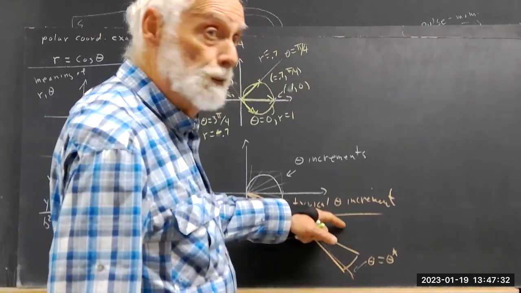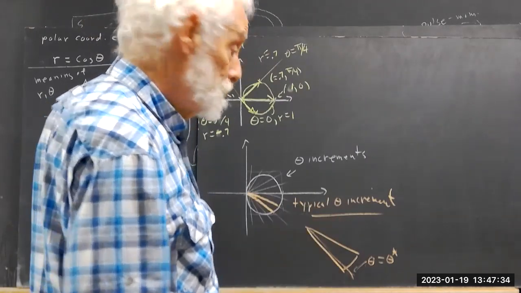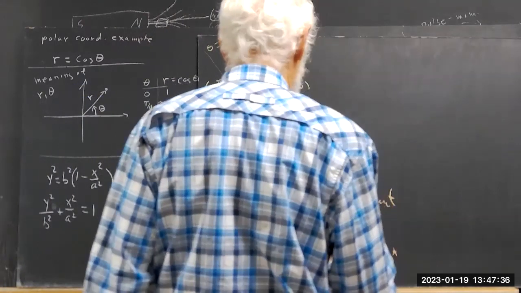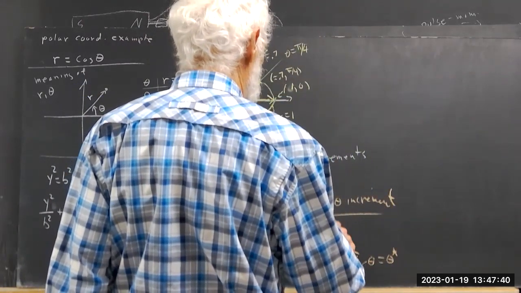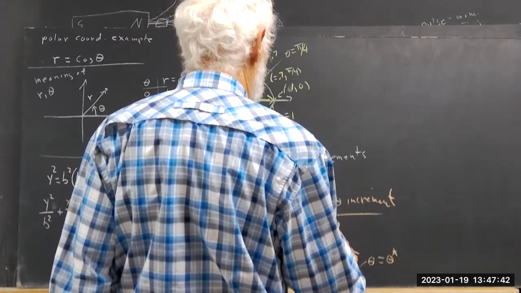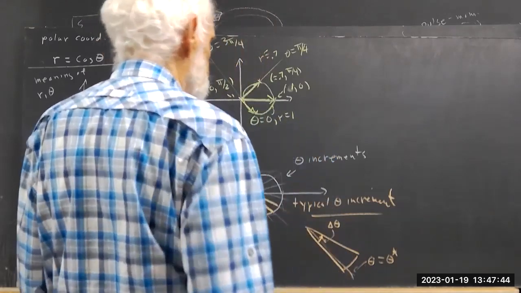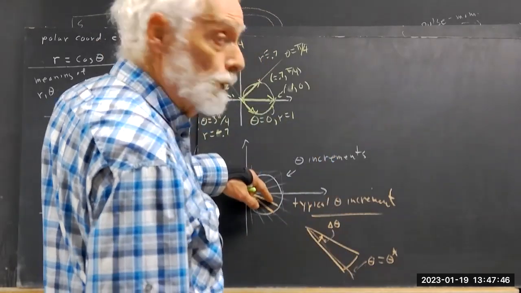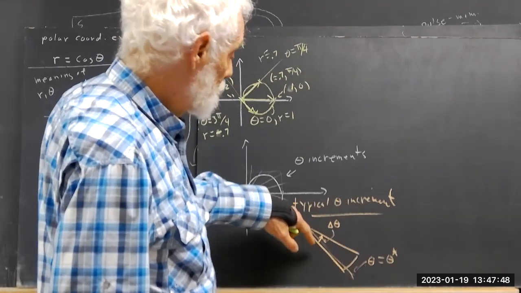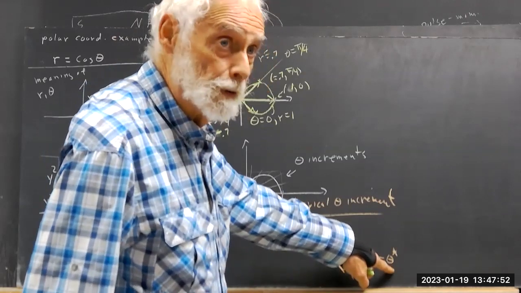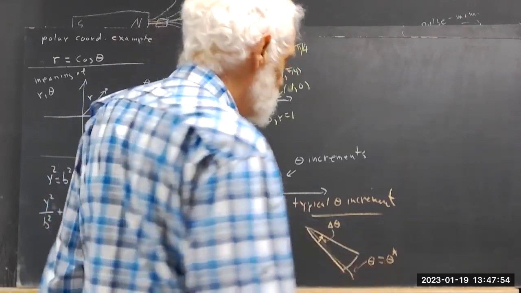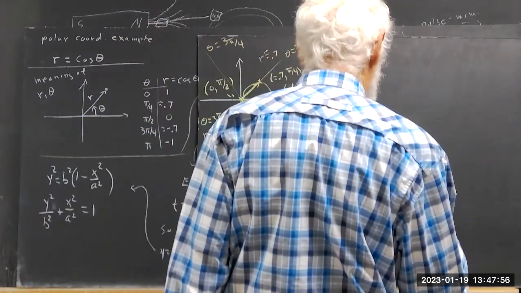What are the dimensions of this thing? So we've got a delta theta. This is one theta, this is the next theta, and we've got some theta in between, that's our theta star. I'll just say that's in between.